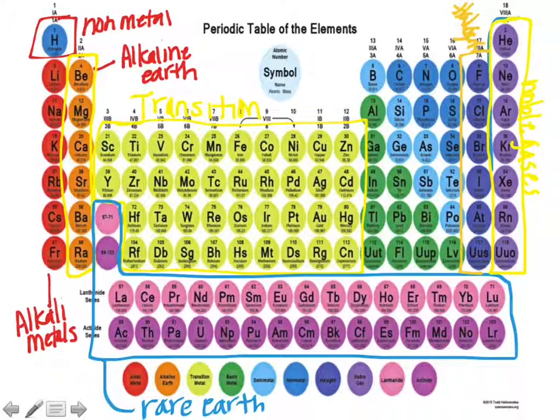So we have noble gases, and then we have halogens. The ones at the bottom are back there, but don't use them.